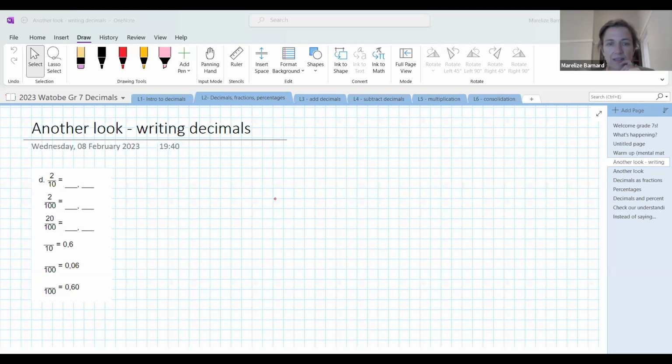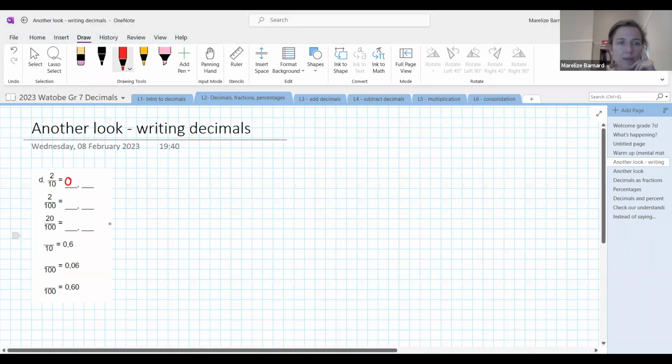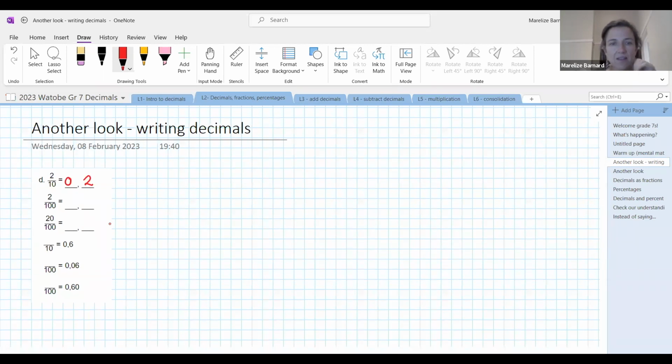Put your answer in the chat. Two-tenths as a decimal means I have to have a 0,2, because the 2 goes in the tenths place value. All that stuff we did on Monday with all the place values.